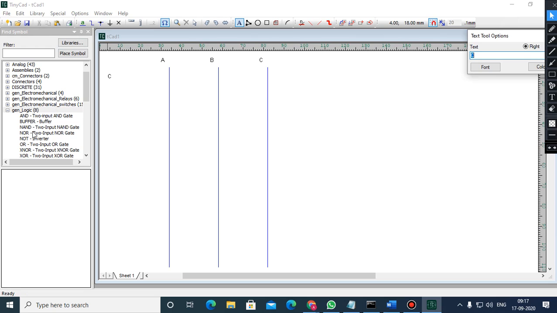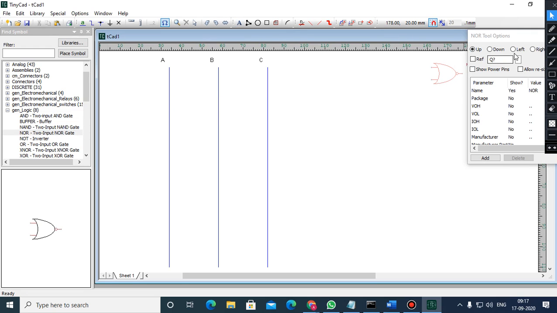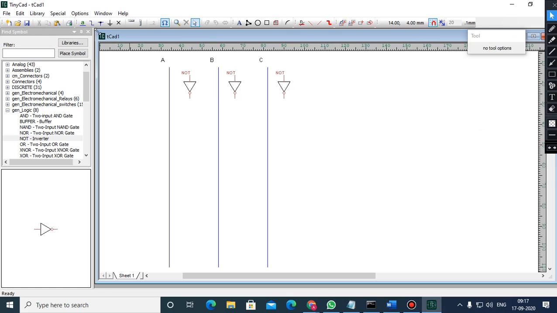And here we need a NOT gate, so that I can get the complement of these values. I hope it's very clear that if 1 is passed along this line, then obviously 0 will come along this line, and if 0 is passed along this line, then 1 will come along this line.